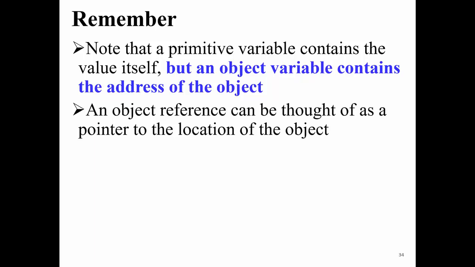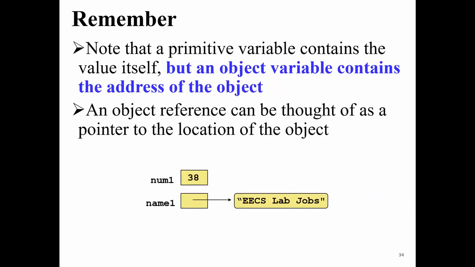Okay, remember, a primitive variable contains the value itself, but an object variable contains a reference or address where that object is stored. An object reference can be thought of as a pointer, the location of the object stored in memory. This is an example: num1 is an int data type, and we store the value 38 inside it.